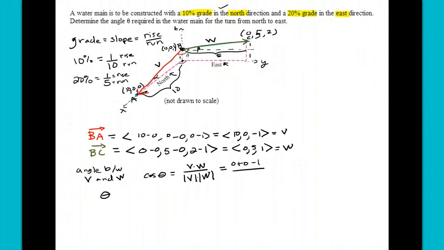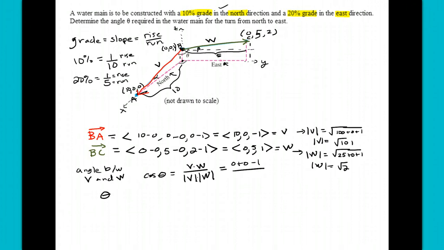The magnitude of V would be the square root of 101. The magnitude of W would be the square root of 26, 25 plus 0 plus 1.